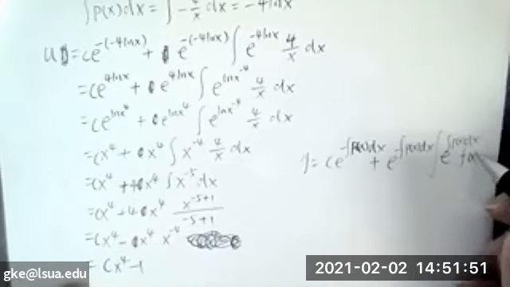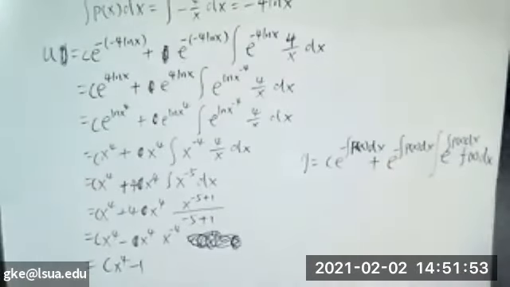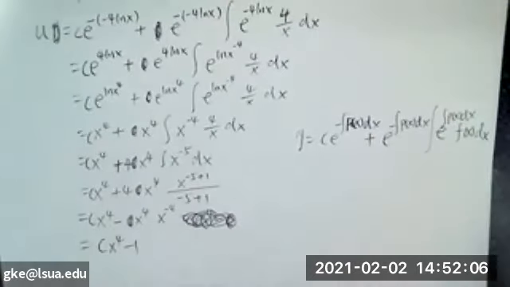Right? Formula should be like that. If you still remember, the formula still should be like that. Let me check the last example, whether I make mistake or not. Okay, and the answer should be like that.